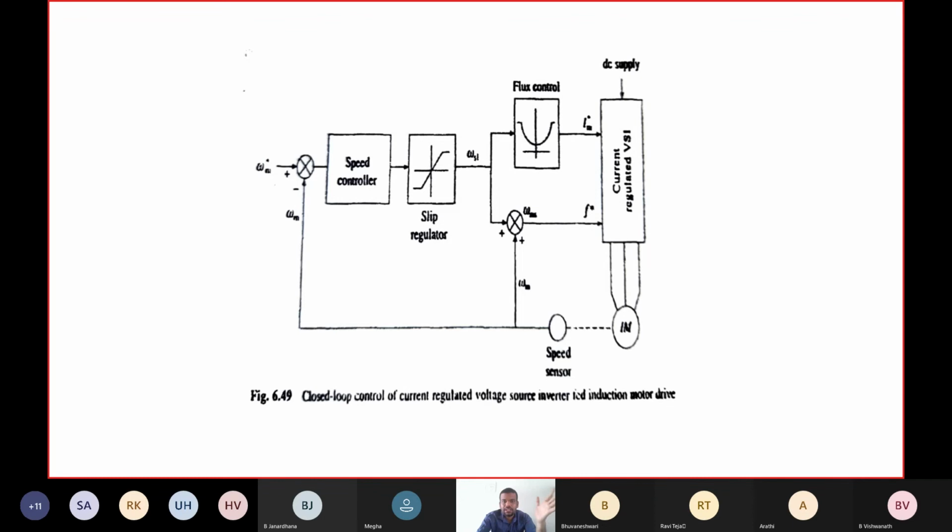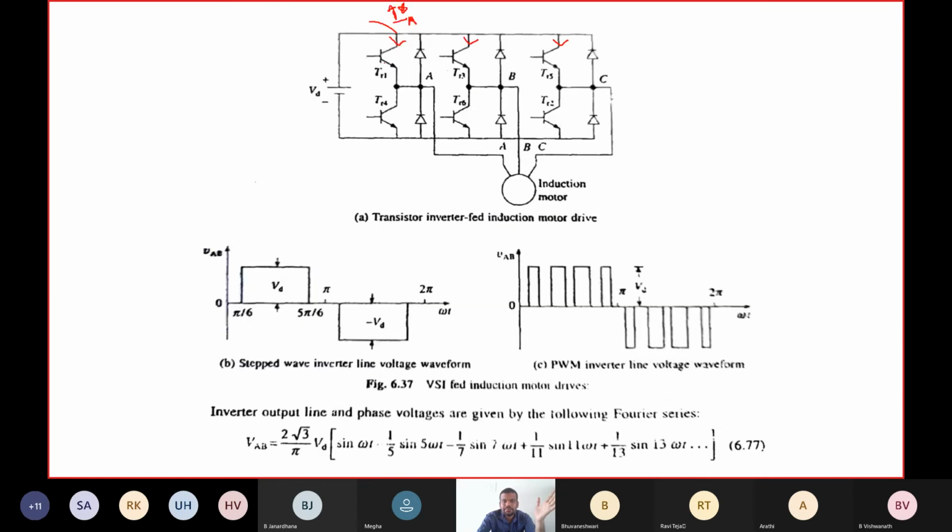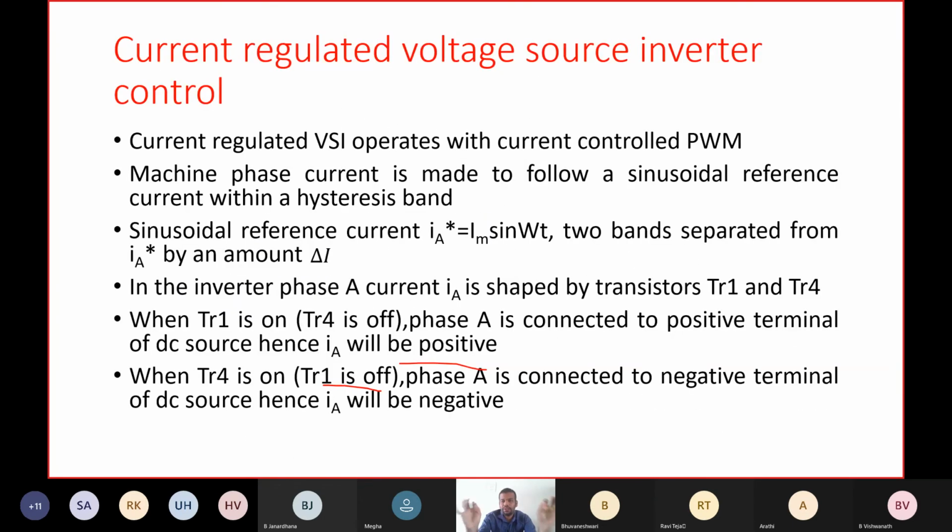So today we have discussed the current regulated voltage source inverter control. It's enough now. What is meant by current regulated voltage source inverter? I will brief it in 2 minutes. Yesterday and the day before yesterday we studied the CSI and VSI.